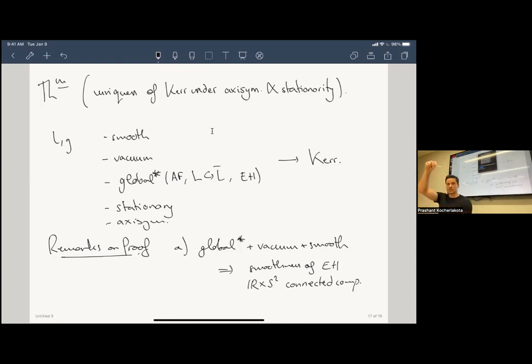You have an axis of rotation, you really have this SO(2) acting on the space-time. Then you can just prove it's Kerr. It's not easy, that's why this led to nice papers. But it's a nice theorem: if you have these symmetries, you have Kerr. Now the question is, can we prove those symmetries exist?